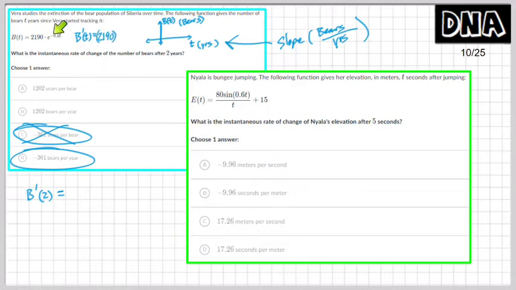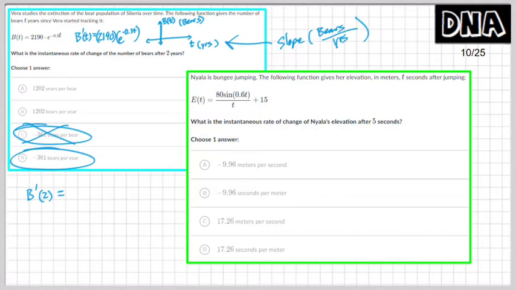And then I have to take the derivative of the E. So first I get E raised to the negative 0.3t, and then I have to multiply that by the derivative of negative 0.3t.